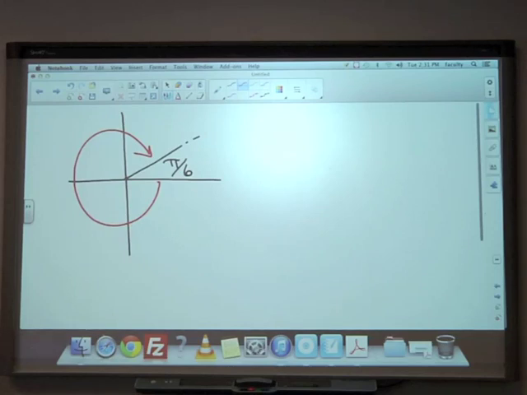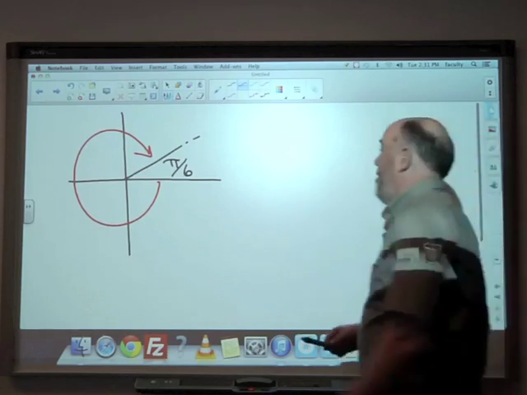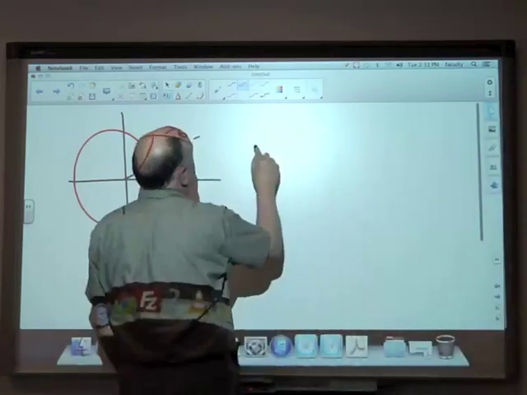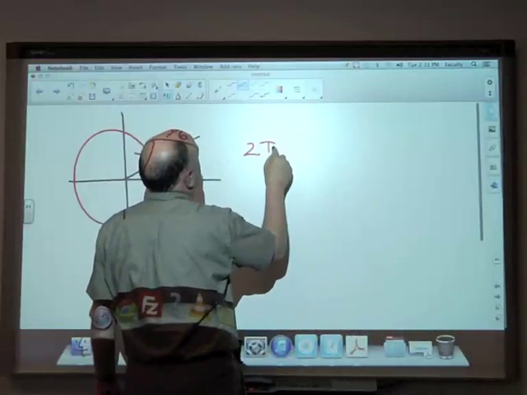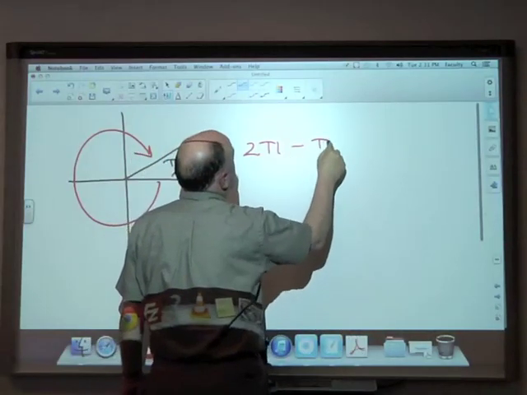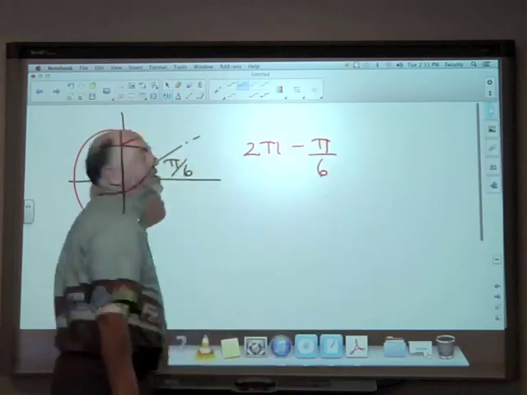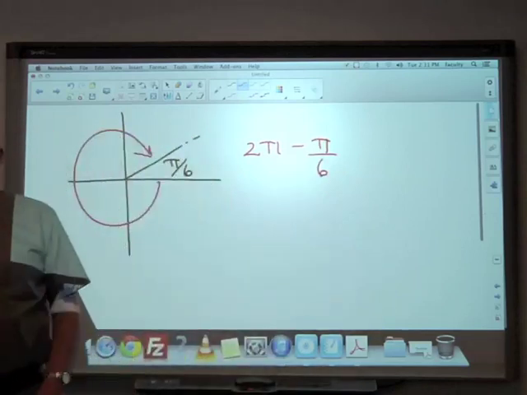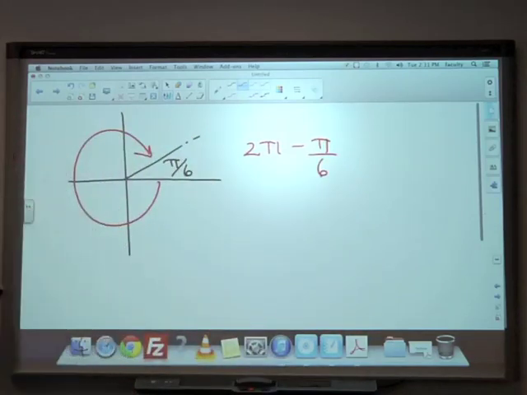Radians, different matter. Well, all the way around a circle is how much? 360. But how about in radians? 2 pi. So this number is going to be 2 pi minus pi over 6. Well, in order to add or subtract fractions, you must have a common denominator.